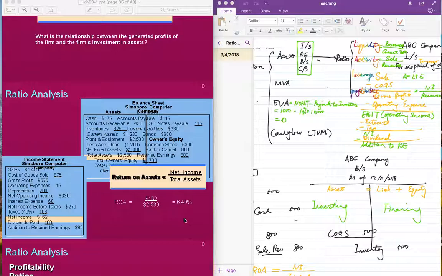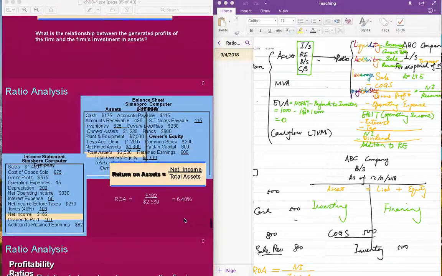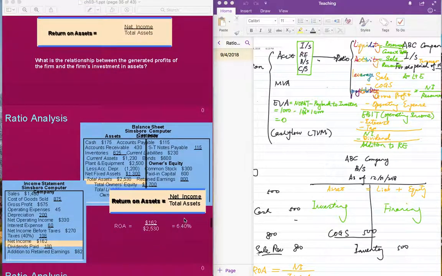So for instance, if they have $100 of total assets, their net income is $6.40. So $6.40 of net income is generated from every $100 of investment in total assets. That is what the return on total assets means.